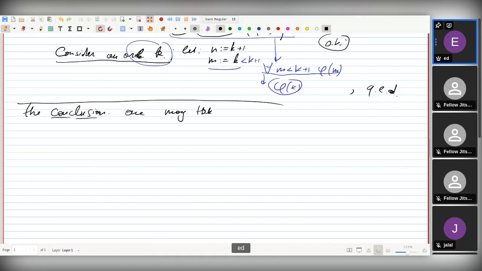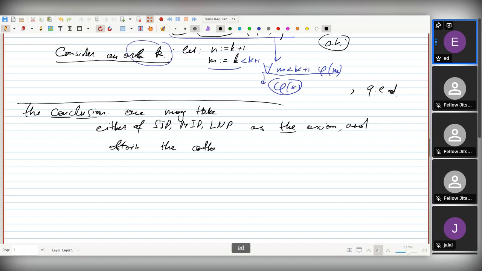One may take anything, either of SIP, MIP, LNP, as the axiom and obtain the other principles as theorems.